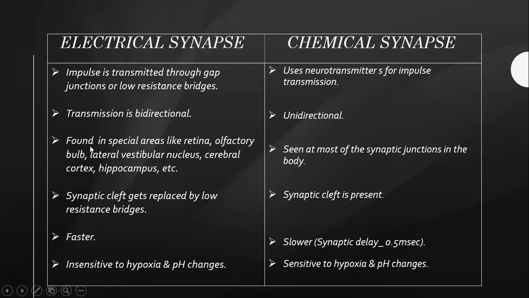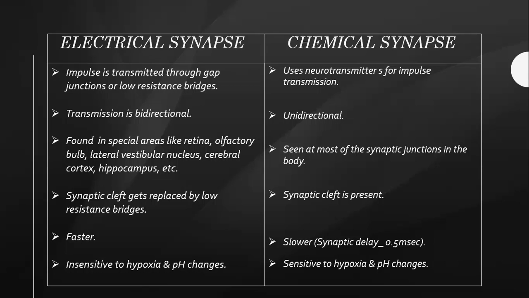Electrical synapses are found in special areas like retina, olfactory bulb, lateral vestibular nucleus, cerebral cortex, hippocampus, etc. Chemical synapses are seen in most of the synaptic junctions in the body.